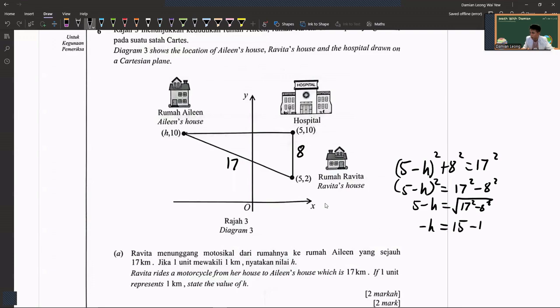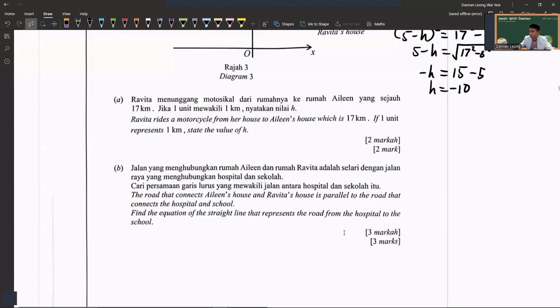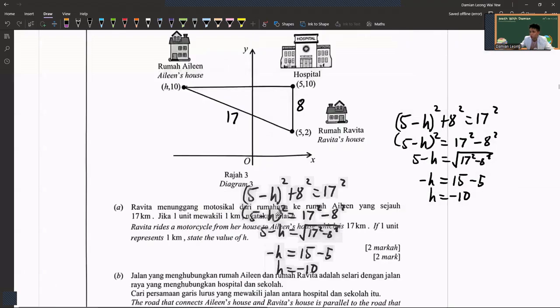Bring over the 5, minus 5 is 10. Bring over the negative, h is negative 10. Basically, that's the value of h.